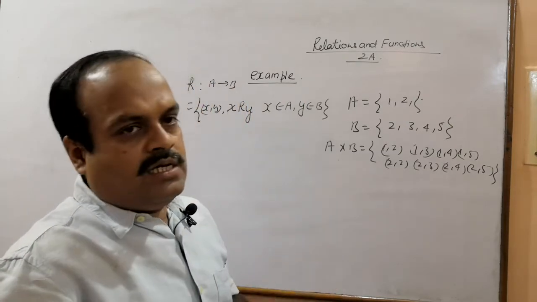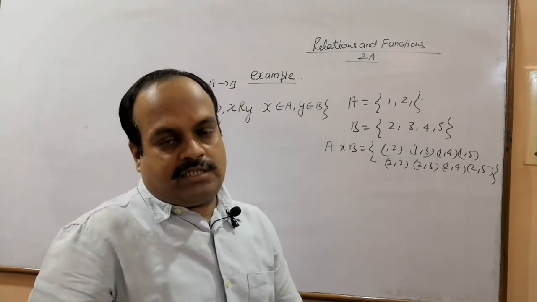These are the 8 elements of A cross B, the Cartesian product of A and B.